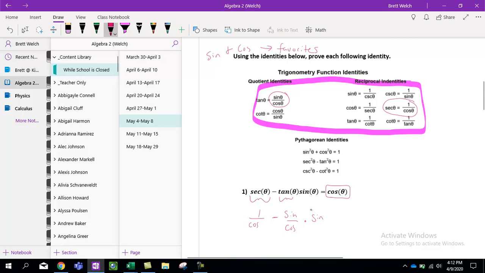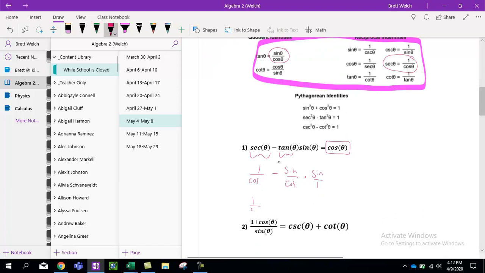That sine over here is really over 1 if it makes you feel better. Nothing's going to cancel. This is just about combining it together. So what I end up with is 1 over cosine, minus sine times sine, which is sine squared, and it's over cosine.